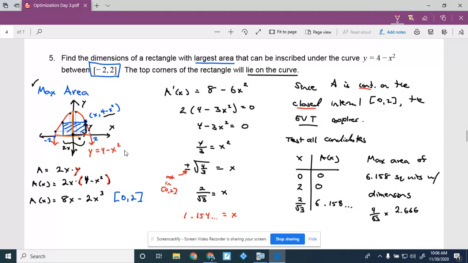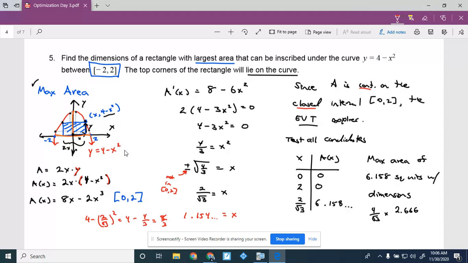So that would be 4 minus basically 4/3. We can probably figure that out. In fact, why don't we do that, I'll do it right over here. So we have 4 minus 2 over radical 3 squared. That's going to be 4 minus 4 over 3. I'd rather think of 4 as 12 over 3. 12 over 3 minus 4 over 3 is 8 over 3.